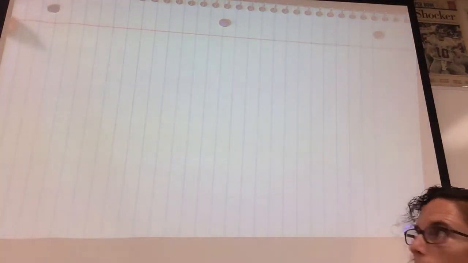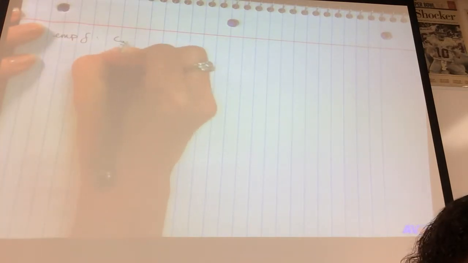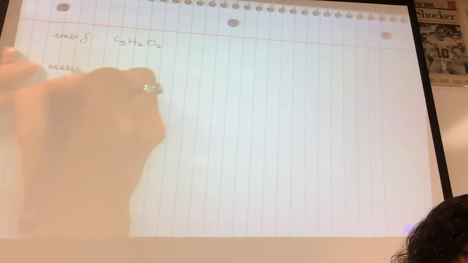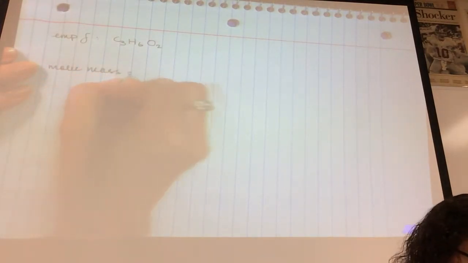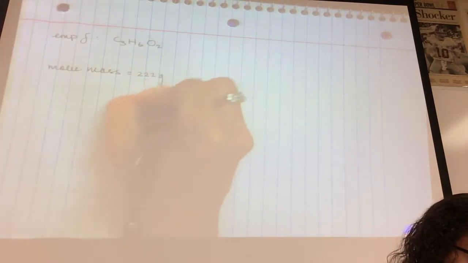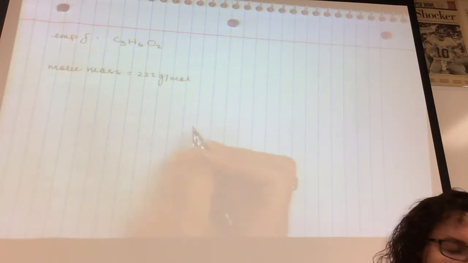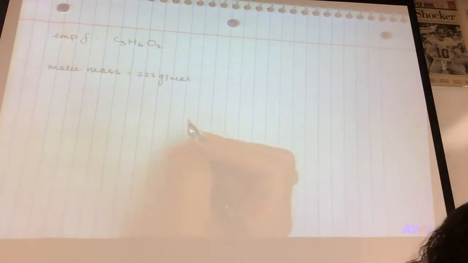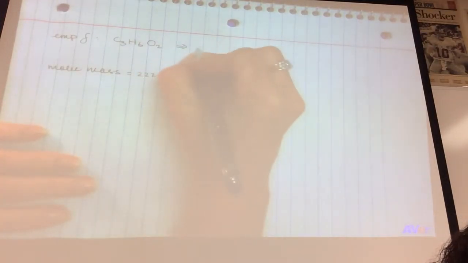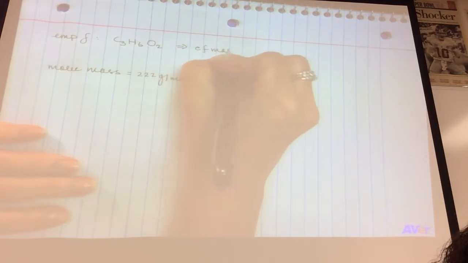So what you're looking at here is we've got an empirical formula of C3H6O2. The molecular mass is given at 222 grams per mole. We want to know the molecular formula. Just like you did on the quiz, you're going to go after your empirical formula mass.